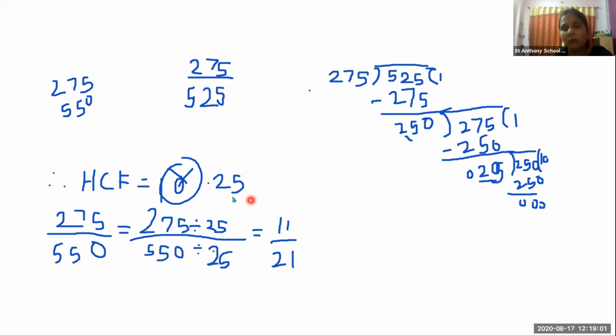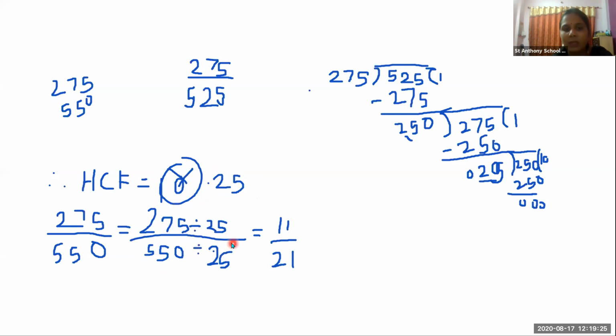And the question number 2 is what? Find the HCF by division method and convert the number into its lowest form, right? Now I will convert this 275 and 550 into its lowest form. For this, I will require the help of HCF. Now 275 remain as it is, 550 remain as it is, which are divided by 25.